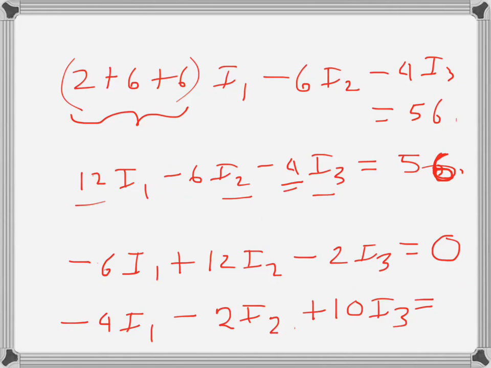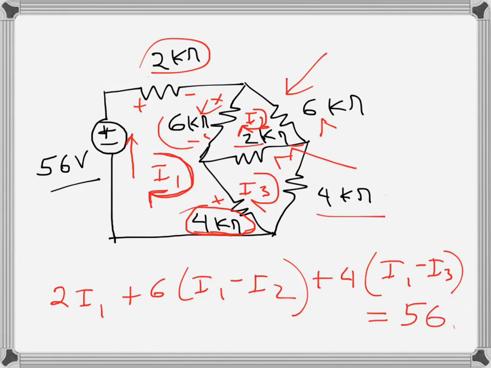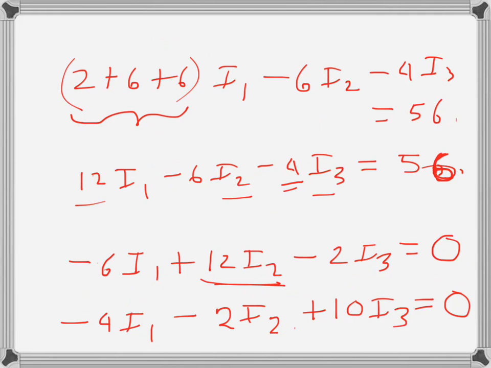And on the right hand side again it's 0. So these are the three mesh equations. There's a little bit of mistake here, it's not 12, because 6 plus 6 plus 2 is actually 14, so it should be 14 there.